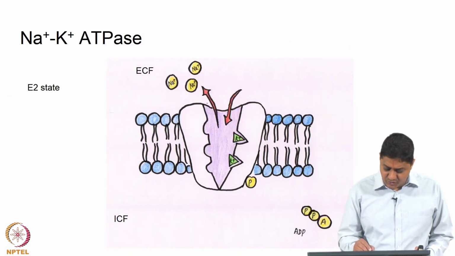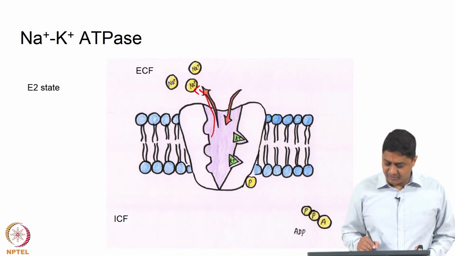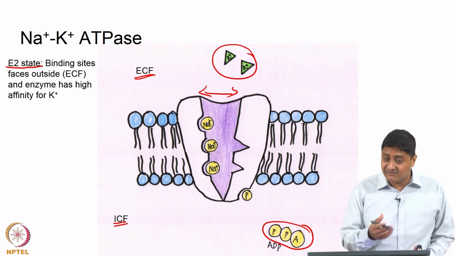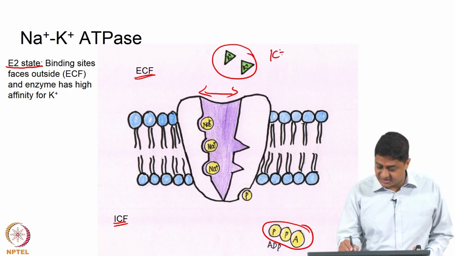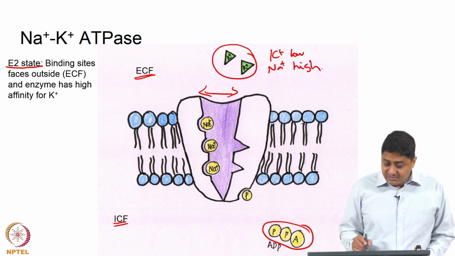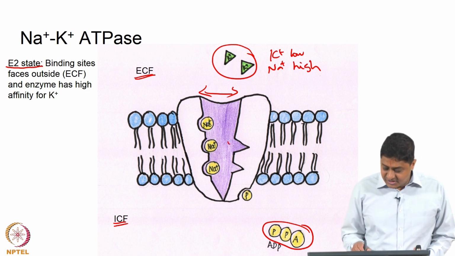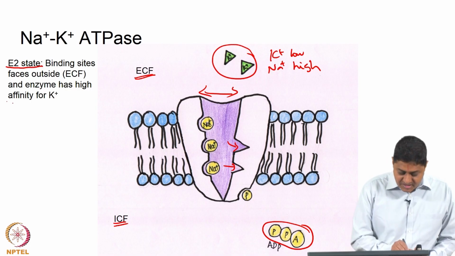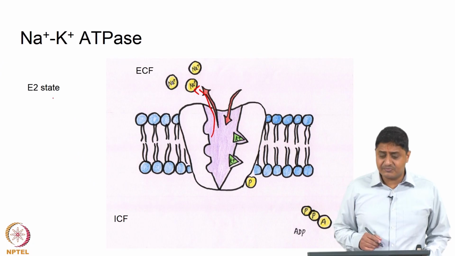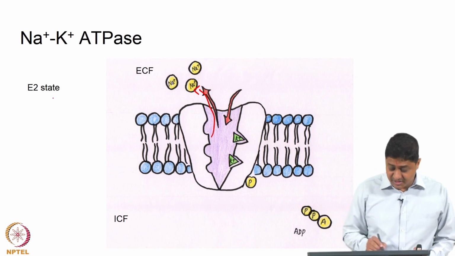So, sodium escapes the system from here, and potassium that was present in relatively low quantity outside gets attached to these points. Let us remember, K plus is low outside and Na plus is high outside, right. Why does it attach? Because of the high affinity of this pump in the E2 state.